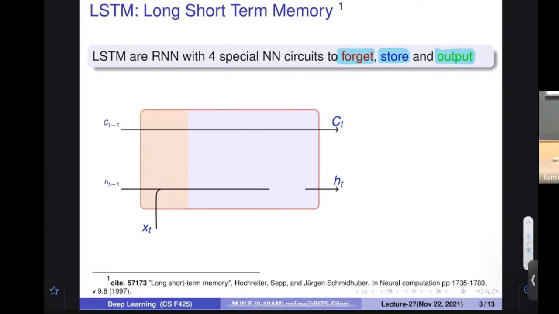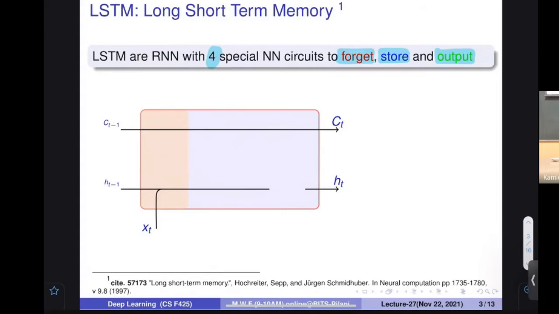For all these three things, I am going to have separate circuits. And these circuits are not only three, there are four different circuits. As we go along this slide, you will see how things are done. So there are four different specialized neural network circuits.